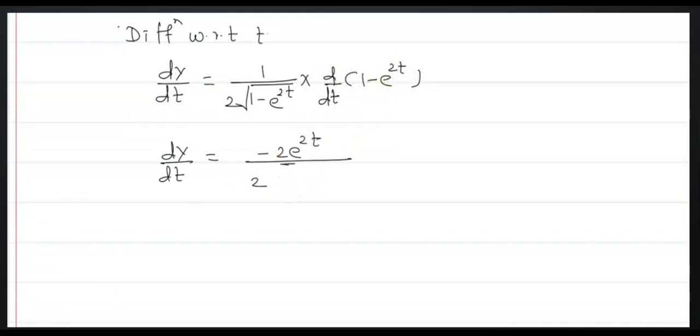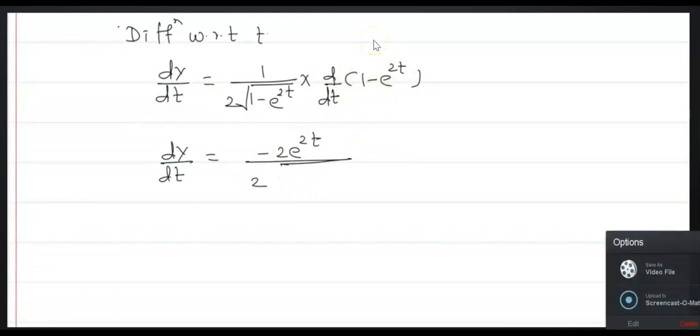That is a minus. Now see this here. Derivative of 1 is 0. What is the derivative of e raised to 2t? Derivative of e raised to 2t is e raised to 2t into derivative of 2t, which is 2. And there is a minus. Now these 2 get cancelled. Then you will get e raised to 2t upon root of 1 minus e raised to 2t.